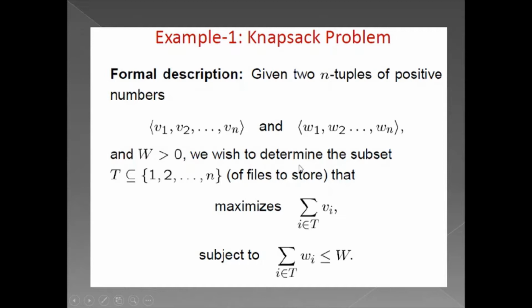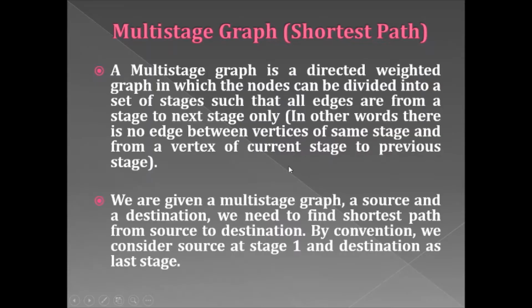We wish to determine the subset T of items to store so that we maximize the values, where the constraint is that the total weight should be less than or equal to the given weight. That is the knapsack problem, and it can be solved by making use of dynamic programming.